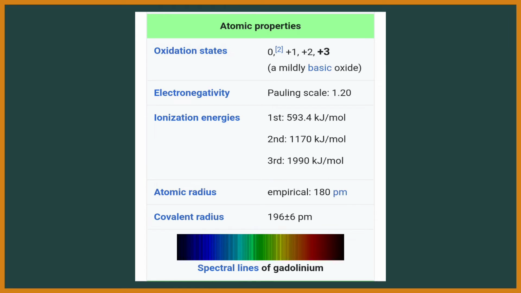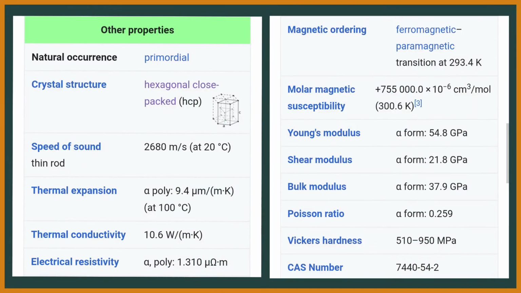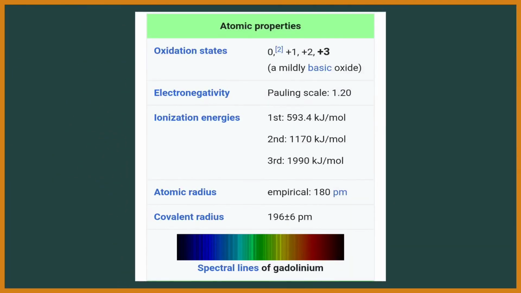So we can see here the atomic properties. Its oxidation states 0, positive 1, positive 2, and positive 3, and then its electronegativity, Pauling scale 1.20.